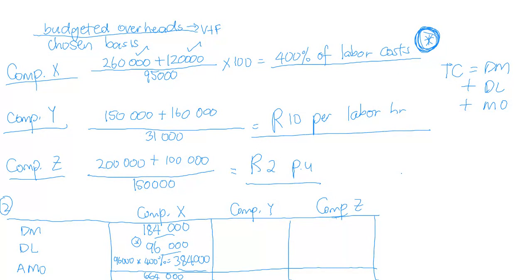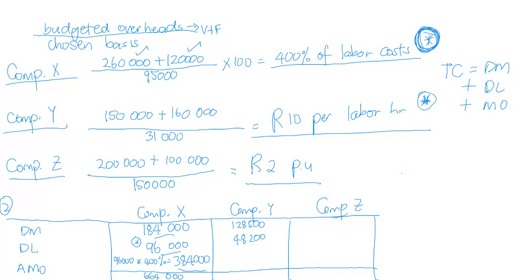The material is 128,500. The labor just above that is 48,200.